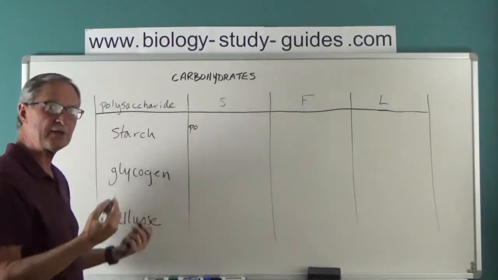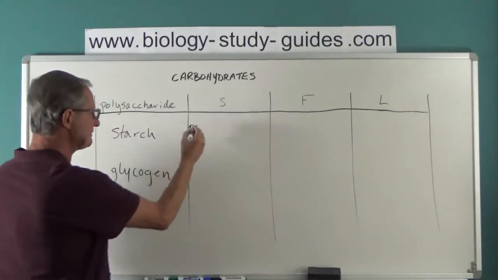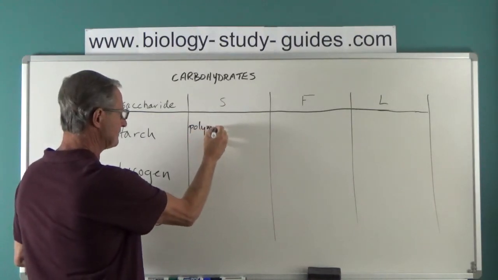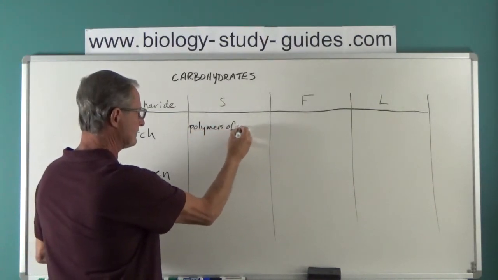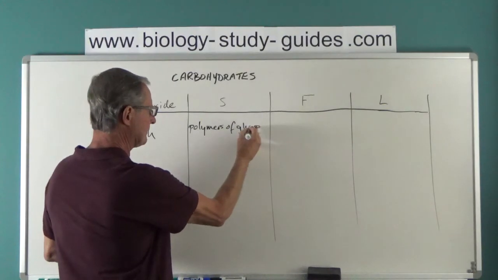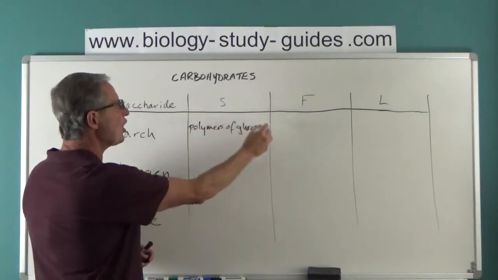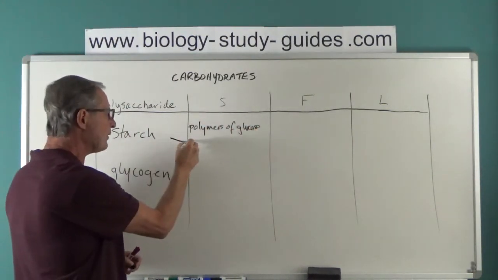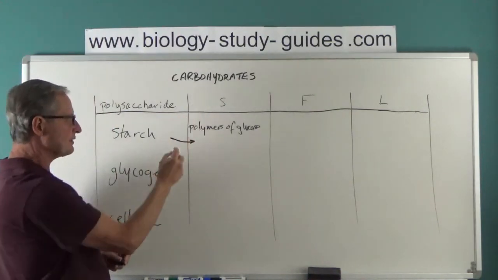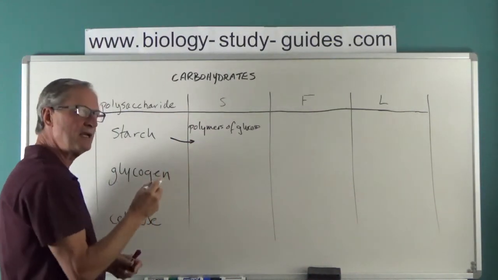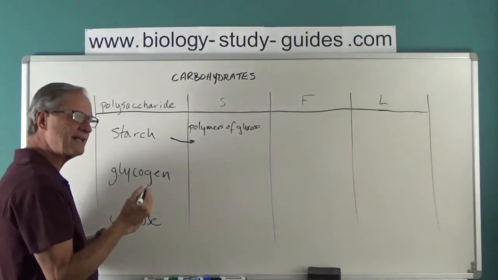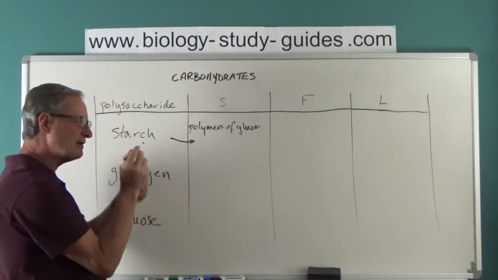In fact, all three of these things are polyglucose. So that's something in common with their structure. But how are they different in terms of contrast? This one is slightly branched and has little spirally parts on it.